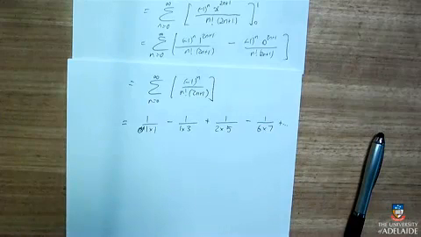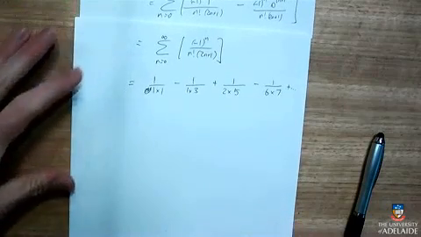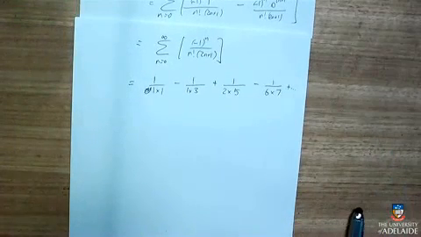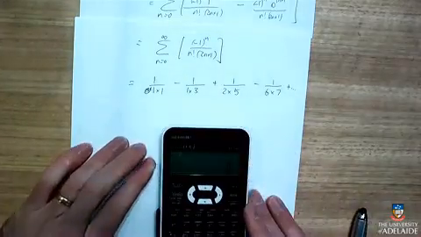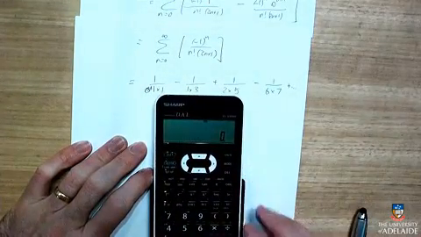All right. I don't know how many we're going to have to do. This is when we break out a calculator and keep going until it doesn't change by very much. Okay.